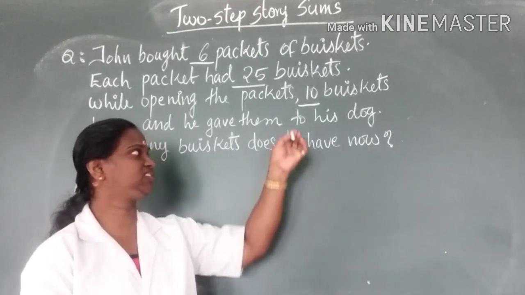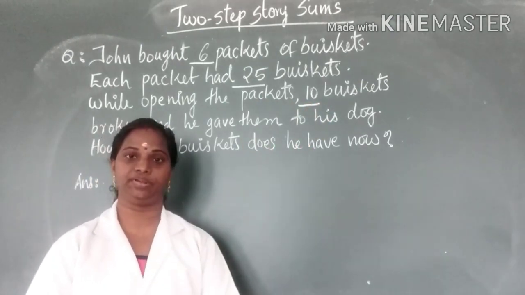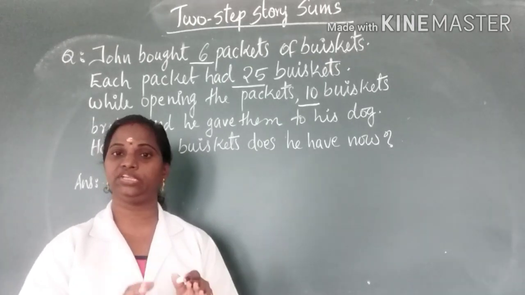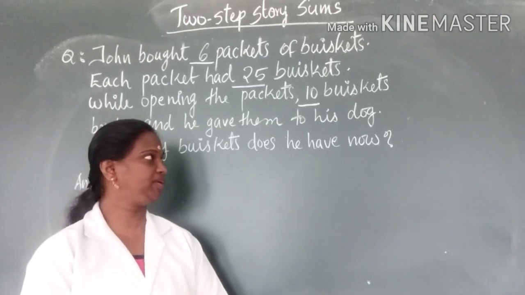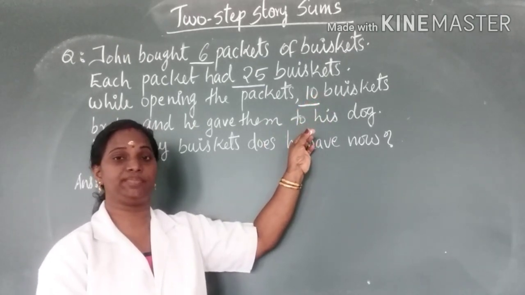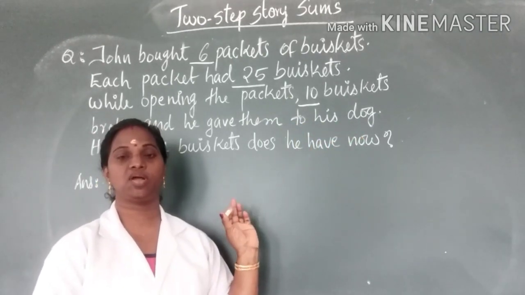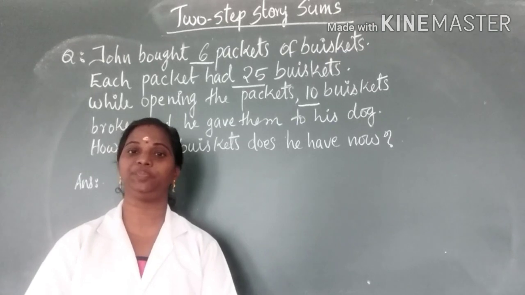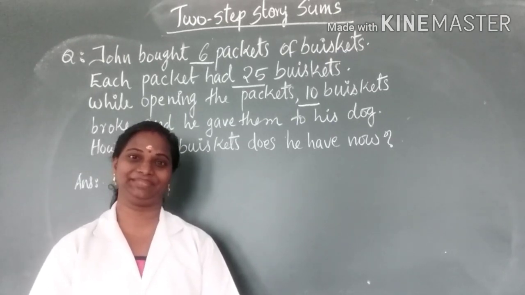These 10 we need to subtract from the total number. So first we need to find the total number of biscuits. From this total we need to subtract this 10, because these 10 biscuits were already given to his dog. So only the remaining biscuits we need to calculate. Clear? So let's solve.